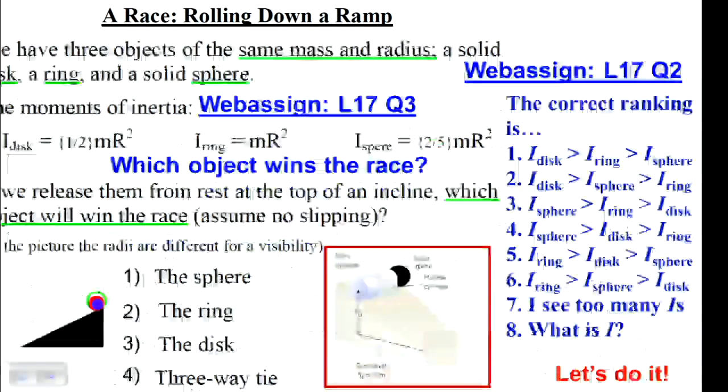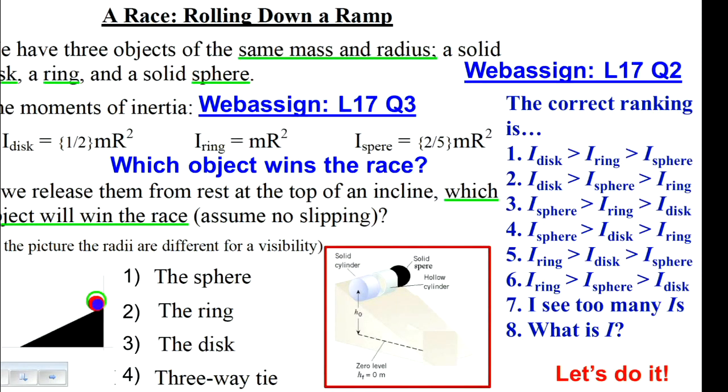But of course, it would be nice to actually solve it mathematically, and let's do it very quickly. It's just, again, a straightforward application of the law of conservation of mechanical energy applied to the rolling.